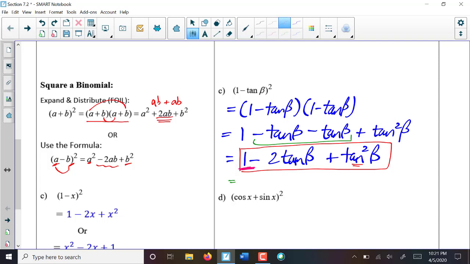All right, so 1 plus tangent squared beta, that's Pythagorean identity, which is equivalent to secant squared beta. Okay, so I'm replacing those, and then I have minus 2 tangent beta. So this is another form that is equivalent. Once again, depends on what you're going to do with it.